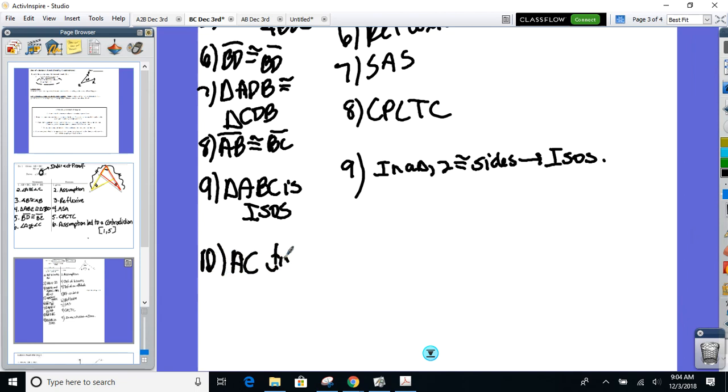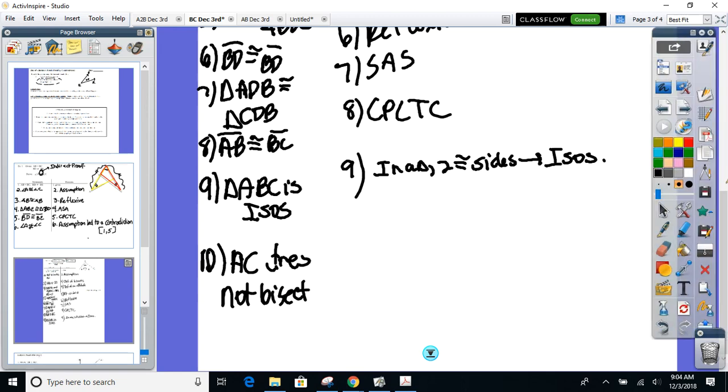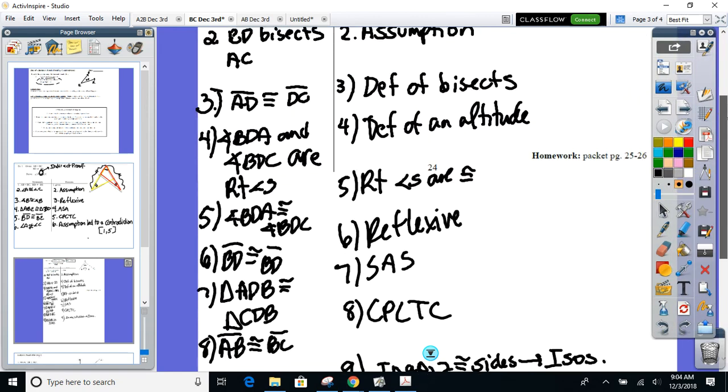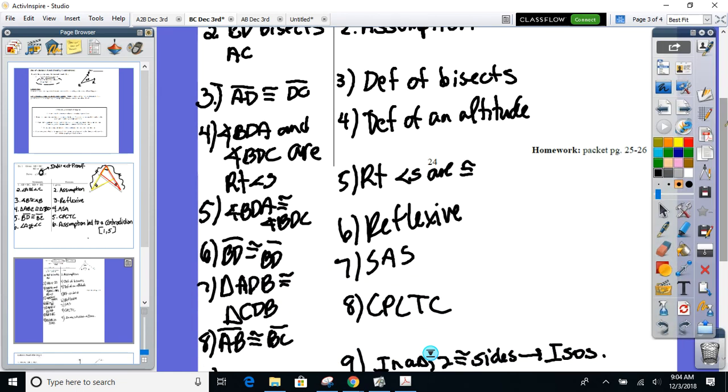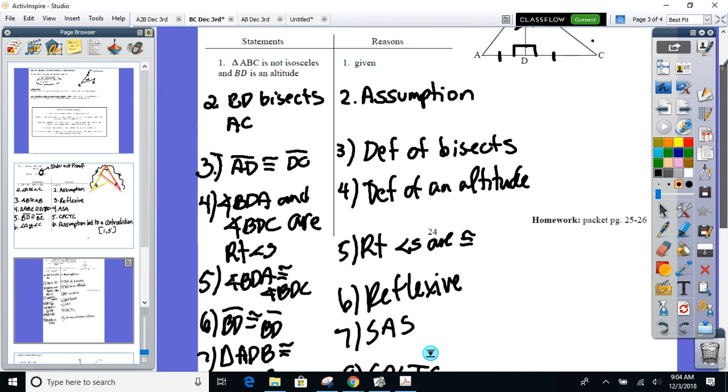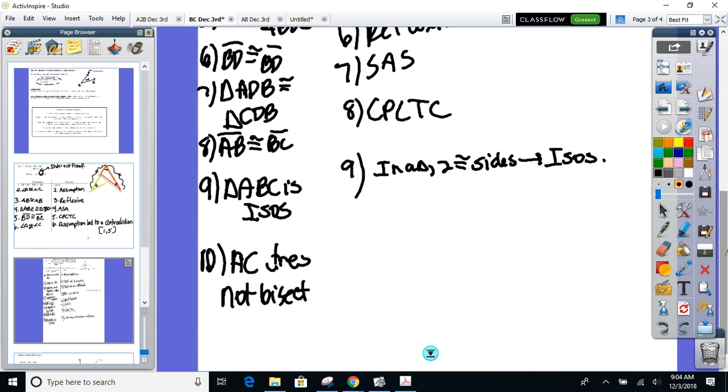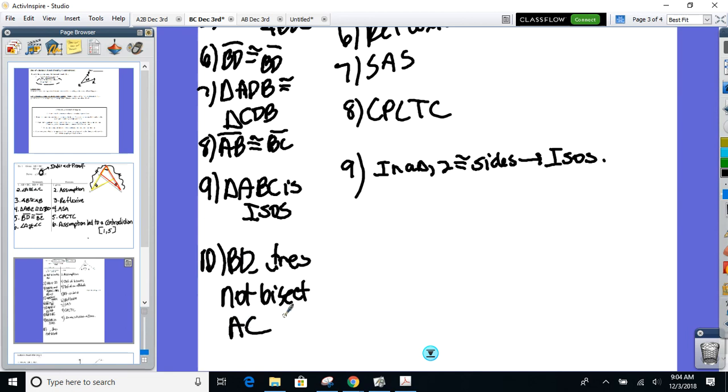So AC does not bisect. This thing is long. AC. I know. Should have been BD. And same last reason, assumption led to. I forgot to mention something too. Hold on.